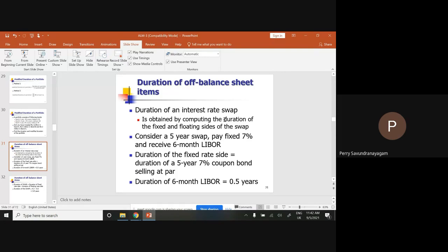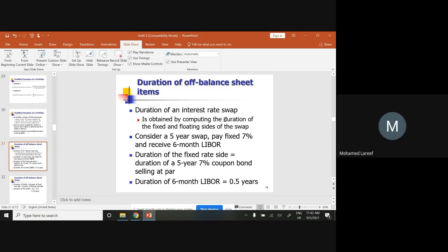Why is the duration of an interest rate swap important? What is the interest rate swap first itself? What is the interest rate swap? Exchange of interest rates. So how does it work?